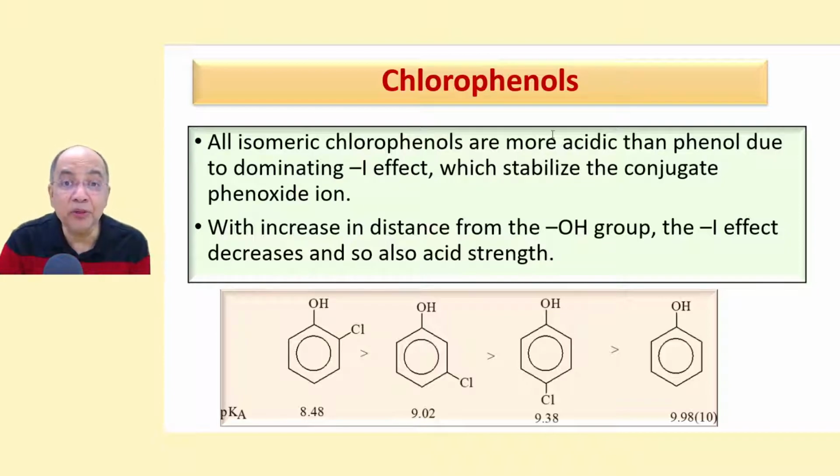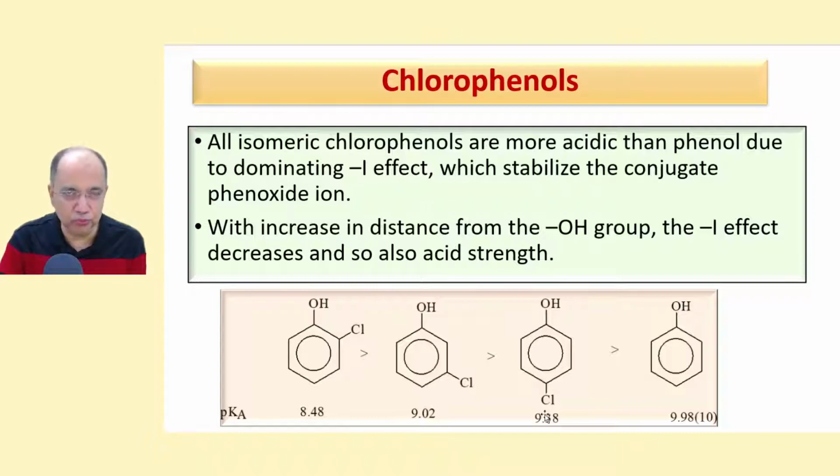Then let us compare between chlorophenols, isomeric chlorophenols. Chloro is very cool because it is predominantly a minus I group. So if the distance between the acidic group and chloro is less, then the effect is more. So orthochlorophenol is most acidic. And in fact, all chlorophenols are more acidic than phenol due to minus I effect.